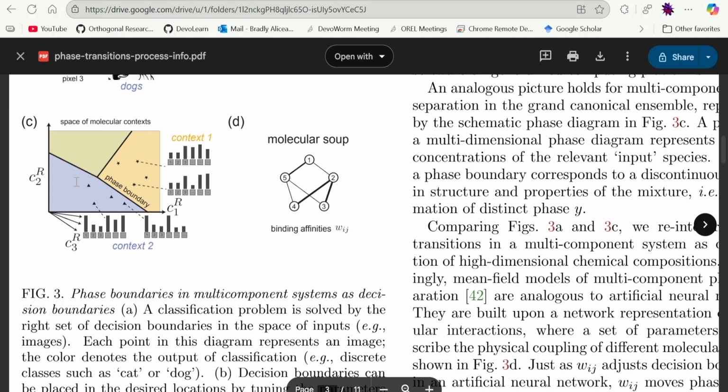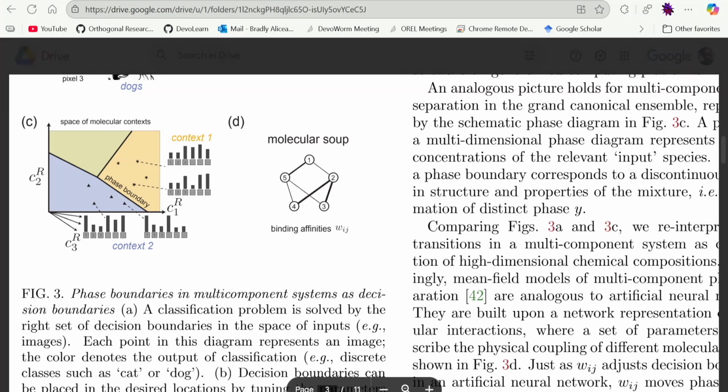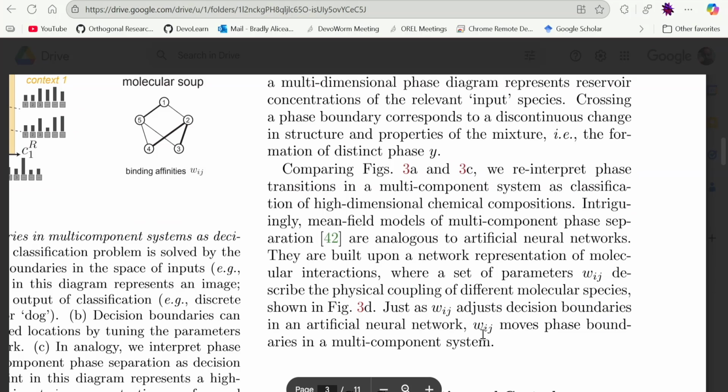So if we think back to our molecular condensates, when we don't have our condensates, when the biomolecules are scattered all over the place, then you're in context 1. When that ensemble changes due to there being a biomolecular condensate available, then the output behavior changes to context 2. So drawing from this analogy, they're able to make this case, or at least partially make this case, for decision making in the cell being driven by these phase transitions.